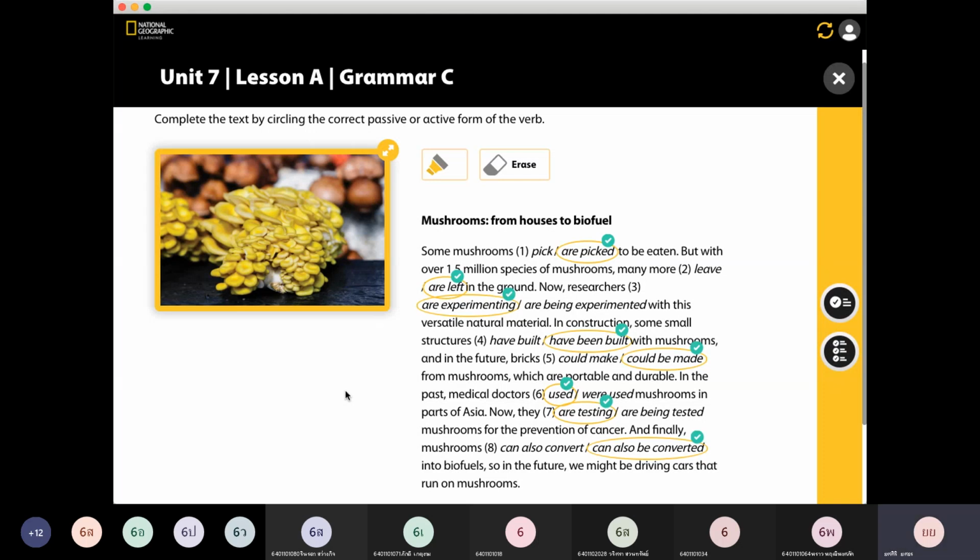Or sometimes you just have to look and see if the subject is animated. Or you can look at the rest of the sentence to help you determine which structure should be used.